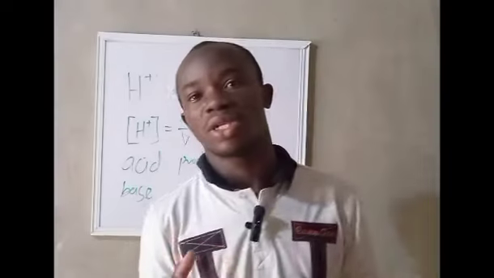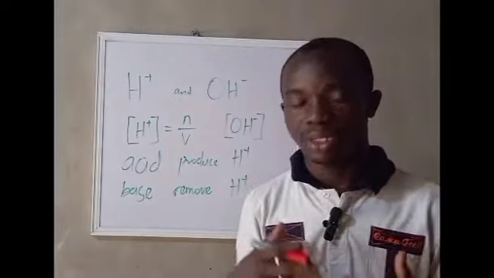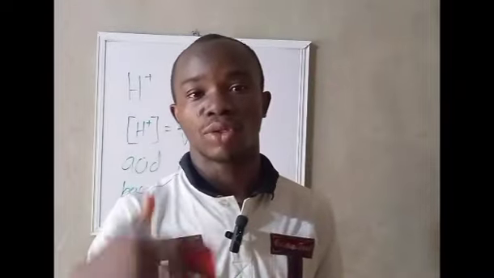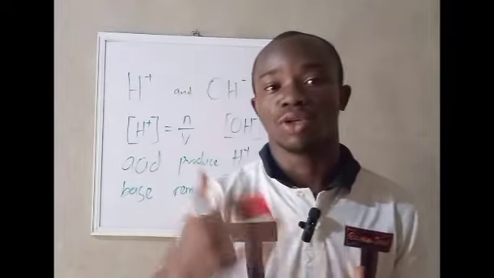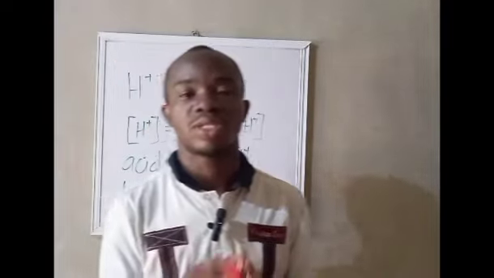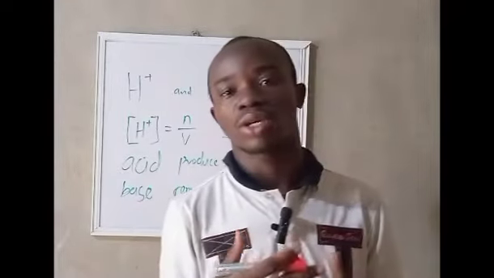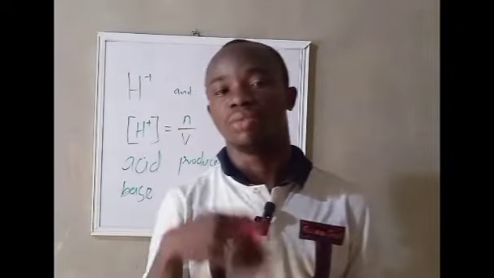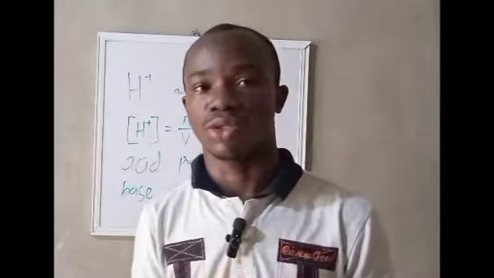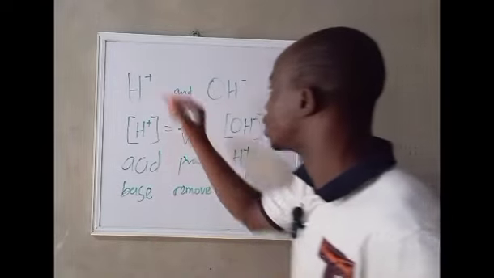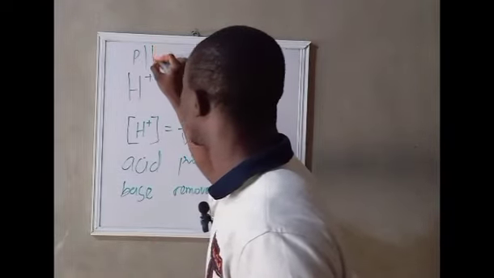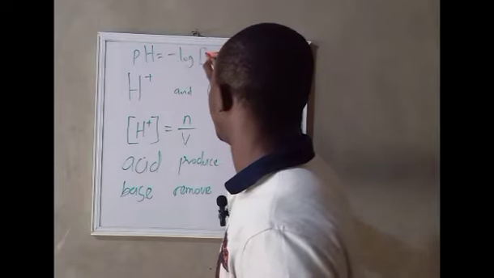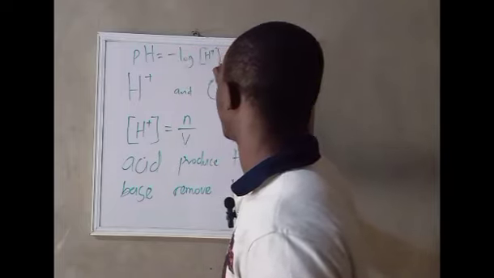But generally, pH is a way of measuring the amount of hydrogen ion that is present in the solution, or it also can be referred to as a measure of acidity or even basicity of a particular solution. So generally, we have that pH equals minus log of H plus, the concentration of H plus.